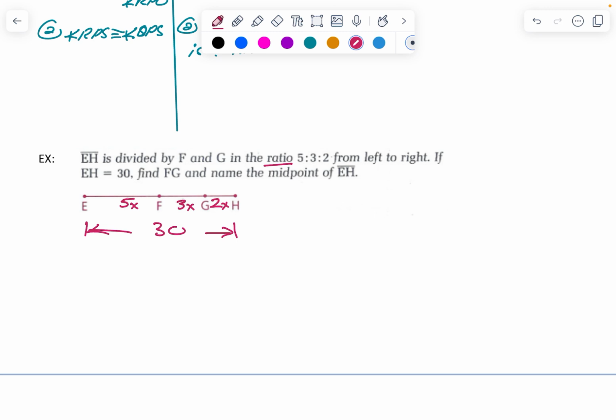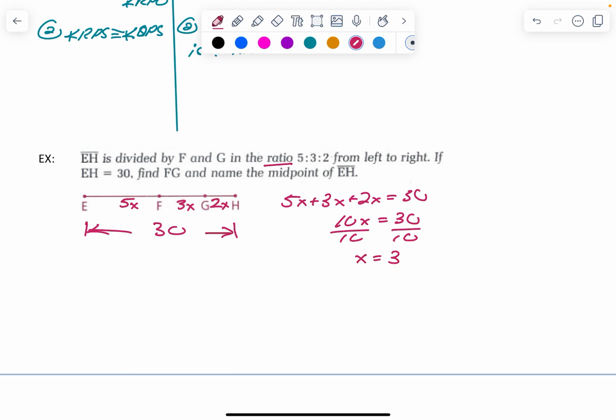And so let's take a look at this. That means that 5x plus 3x plus 2x equals 30. Well, we already kind of added them together. We knew that. And so our common factor is 3, which means that EF is 15 long, FG is 9 long, and GH is 6 units long.